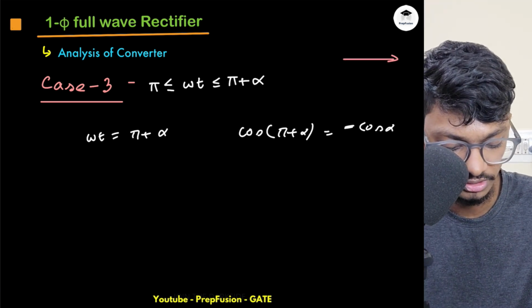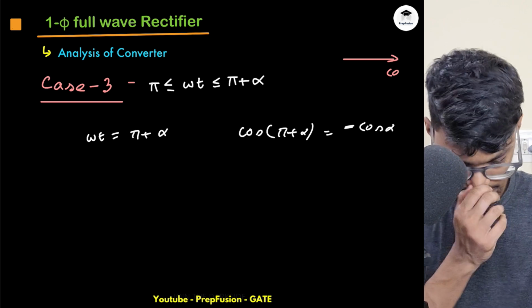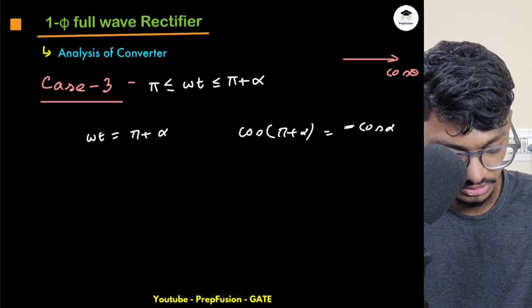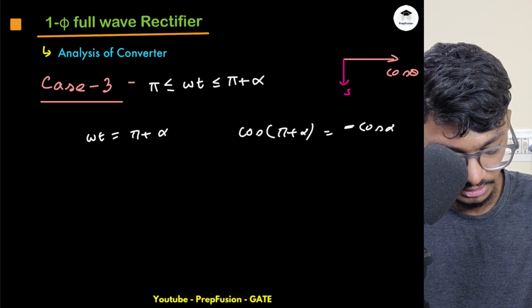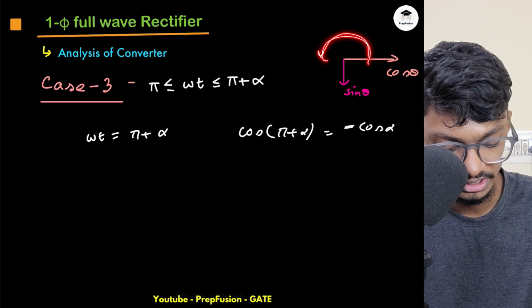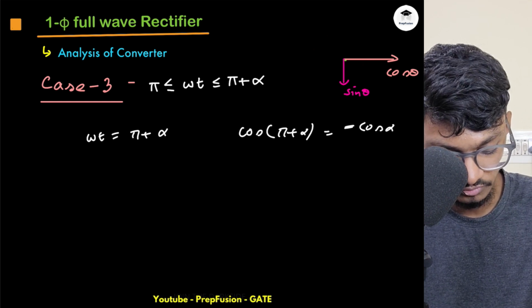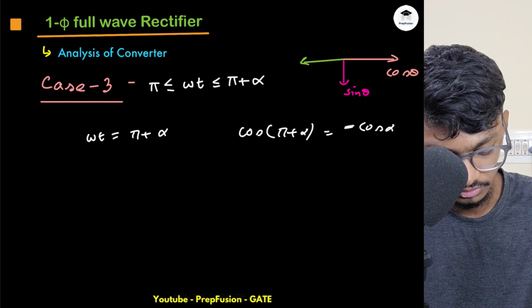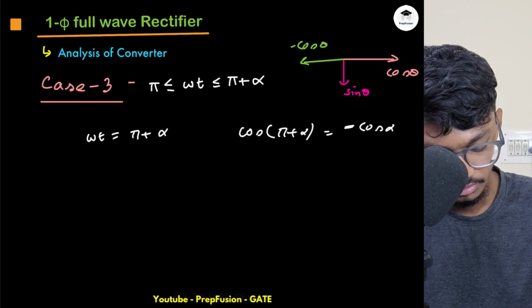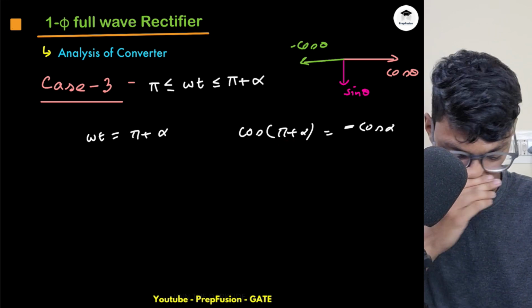I have taught it in my network theory. Sin theta is always below this, and if I add pi, 180 degrees anticlockwise, I will be here. What is this? This is minus of cos theta, right? So obviously cos of pi plus alpha will be minus cos alpha.